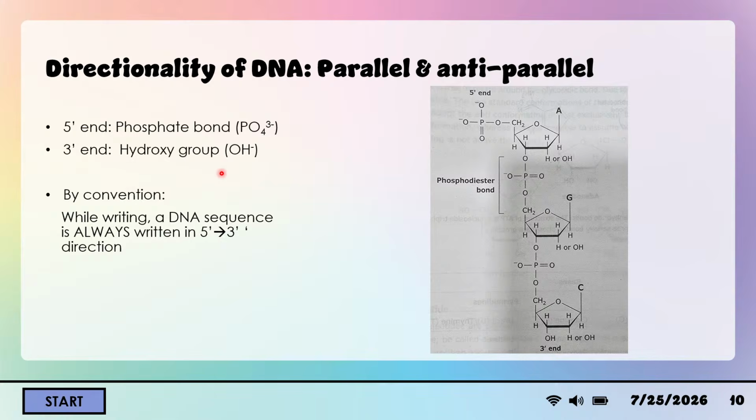So just have a look here. While writing a DNA sequence, it is always written in the 5' to 3' direction. The parallel strand means if you read the DNA sequence from 5' to 3' end.